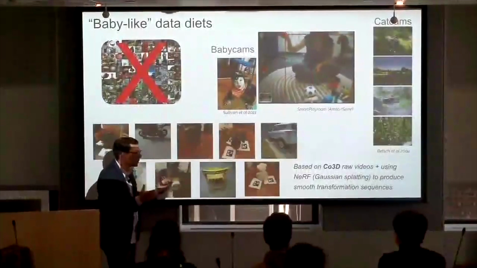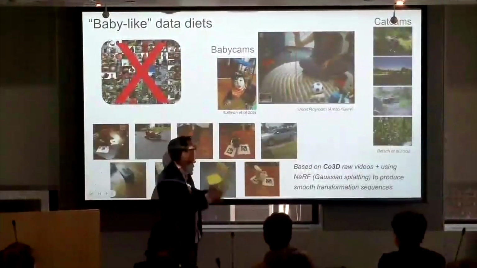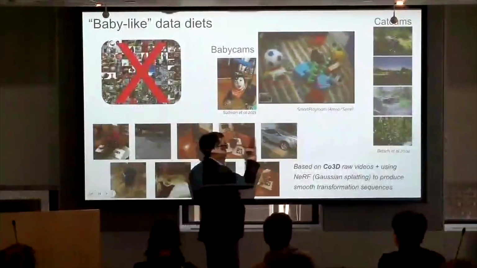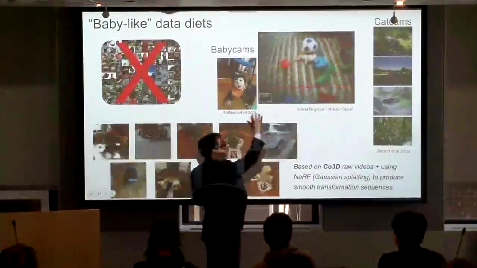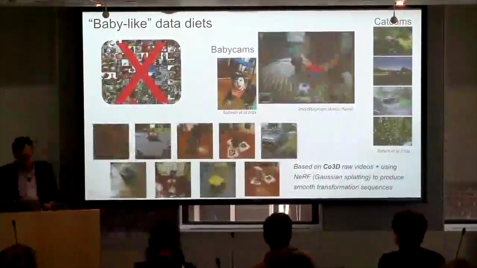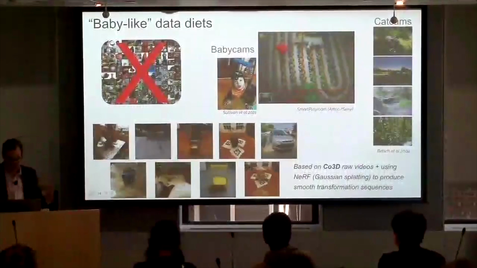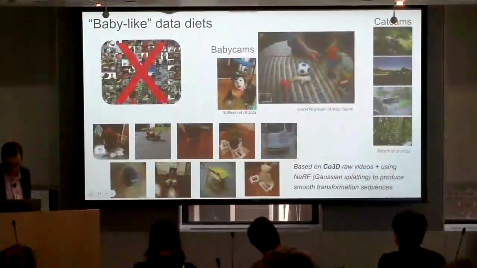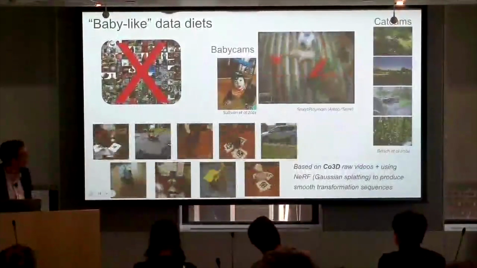And so what you see here is the baby experiencing these new objects for the first time in their life. Just to illustrate some of the points I'm going to be making, you see the baby grabbing, manipulating objects, and essentially experiencing a much richer visual experience than what our model presented with IID samples would experience.